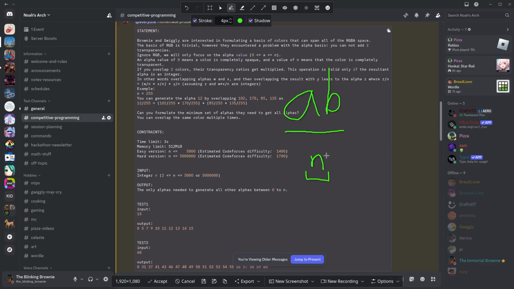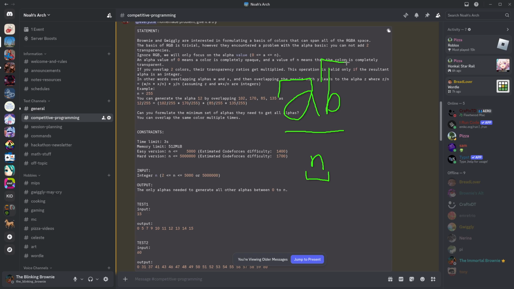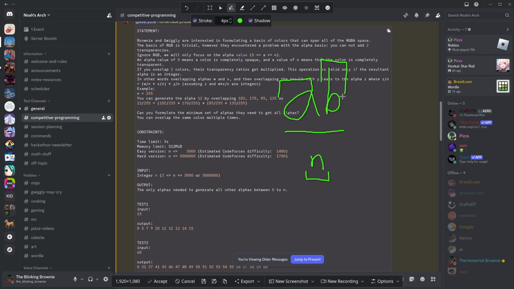Importantly, this means that n cannot be prime, because if n is prime, then either a or b needs to be a multiple of n for the result to be an integer, which means it must be at least n, which contradicts it being less than n. So n cannot be prime, which means it can be factorized, and since it can be factorized, one of the factors is guaranteed to be at most the square root of n.